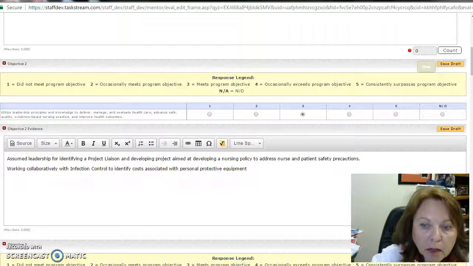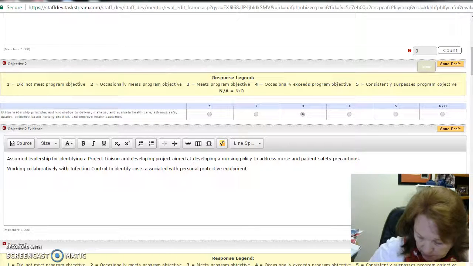And now you're moving on to the next stage, which is gathering data and analyzing that data. And then as we move forward, you're going to implement your project and then you're going to evaluate it. So important to know that you're following the research process in terms of completing this project.